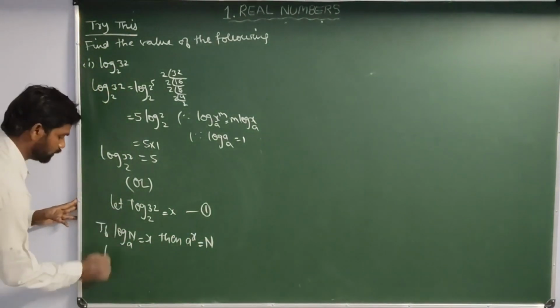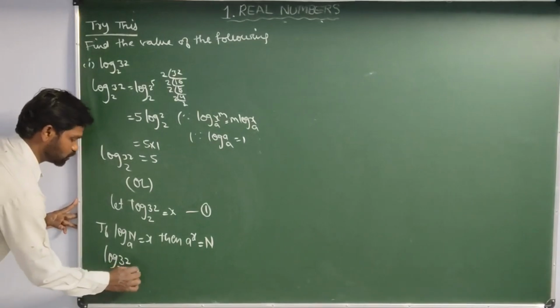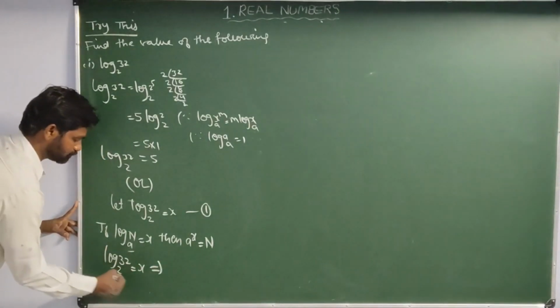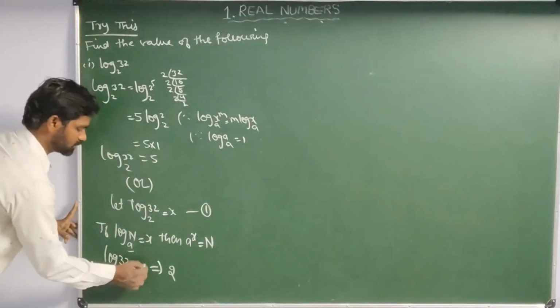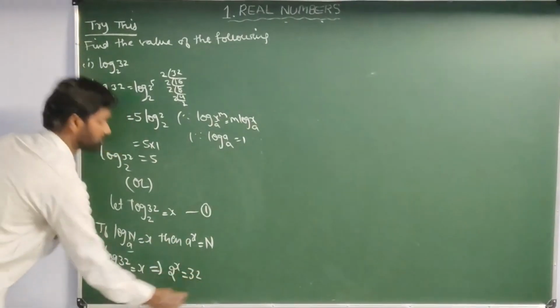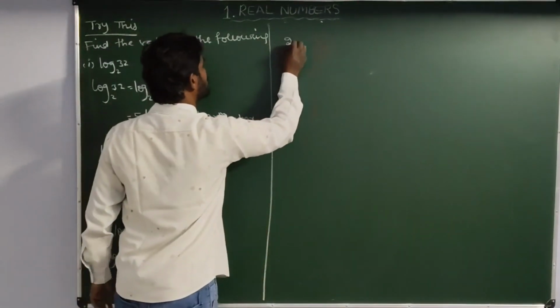So it is given in the logarithmic form, log 32 base 2 is equal to x, which implies a power x is equal to n. What is a? A is 2 here, so 2 power x is equal to n. N is 32, right? So 2 power x is equal to 32.